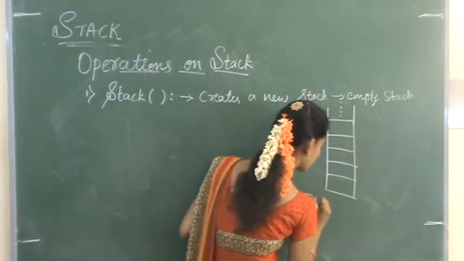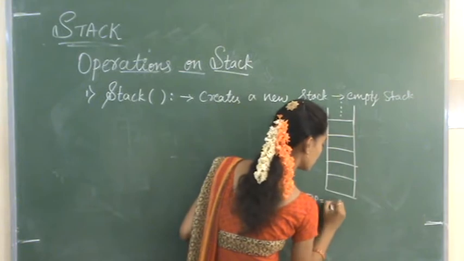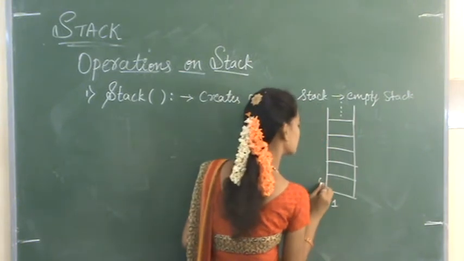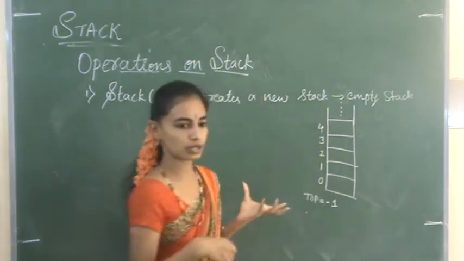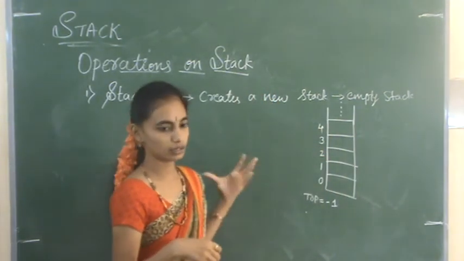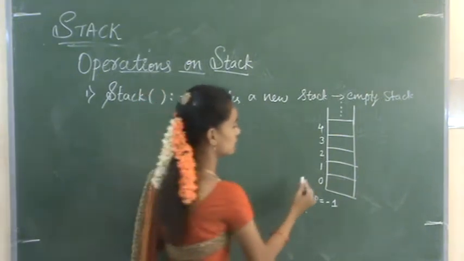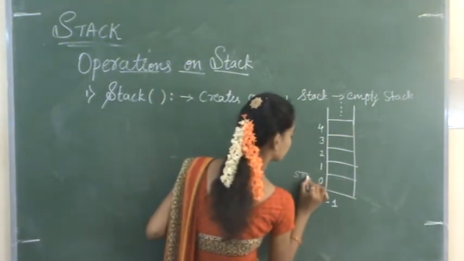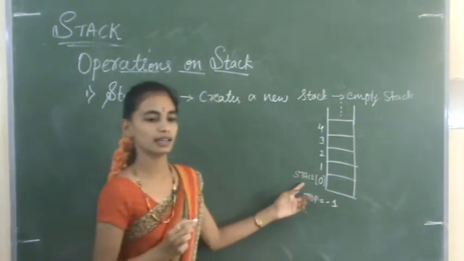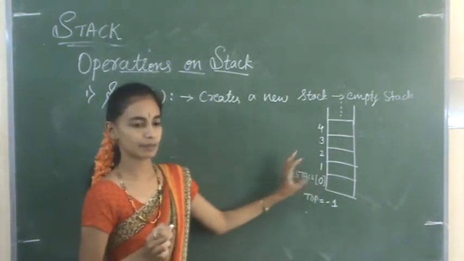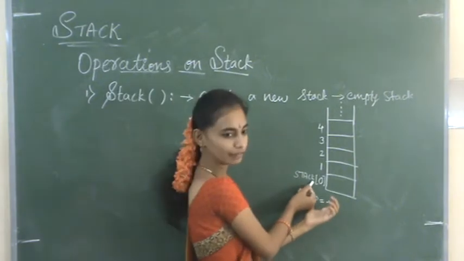So now this top will be at -1. Always the index starts with 0, 1, 2, 3, 4, right? An array also starts with 0, 1, 2, 3, like that only. So here also, the stack also. I will take this as a stack representation. You can take any variable.